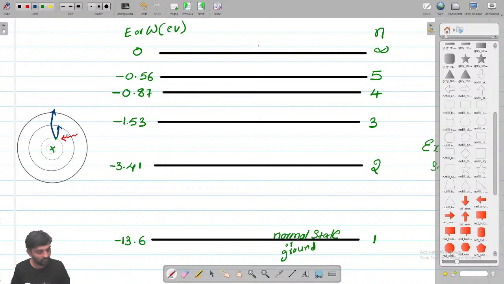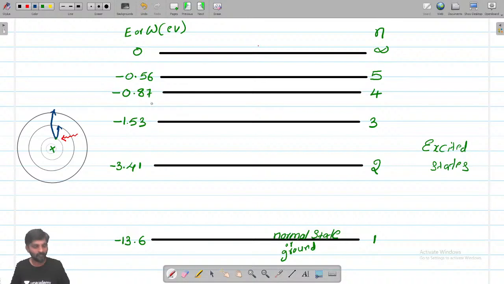Excited states are non-radiating states, as we have discussed previously. If you supply some energy, the electron may jump from here to here, or from one state to the next state.